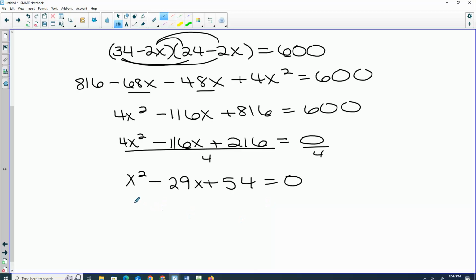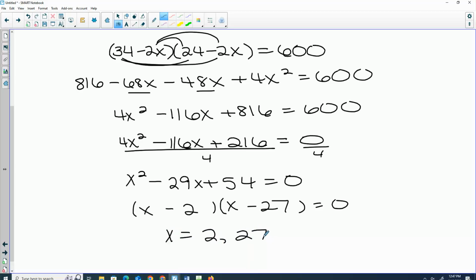Alright, so what multiplies to a positive 54 adds to negative 29? Set these equal to 0, and we get positive 2, positive 27.